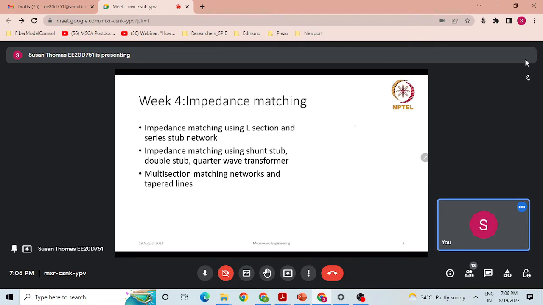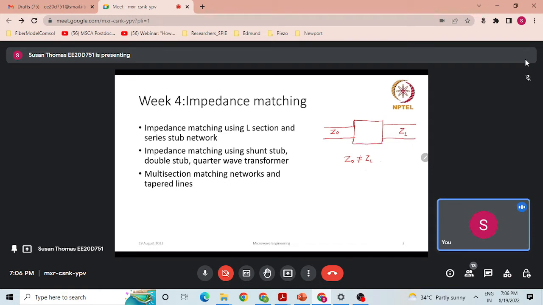Say you have a transmission line having a characteristic impedance Z0 and you have a load denoted ZL, the load impedance, and because Z0 is not the same as ZL, I hope you know what will happen.